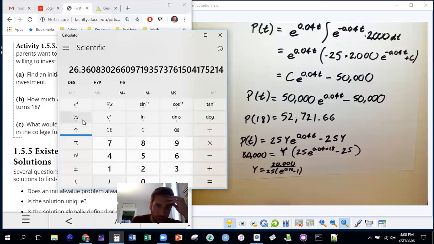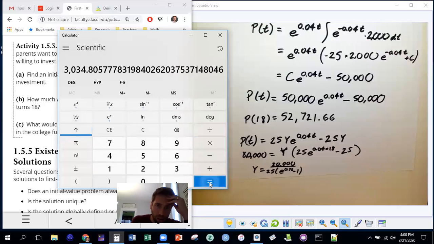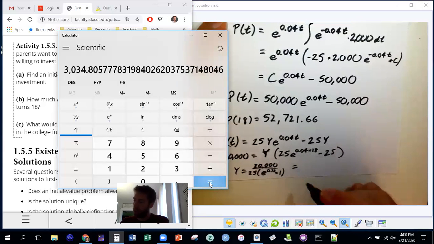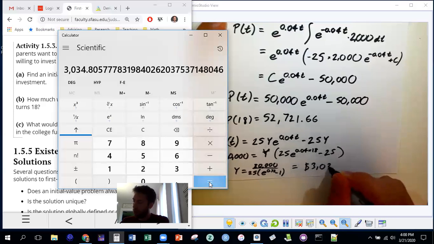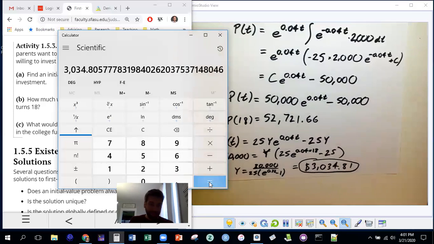Now I want to take 1 over that, times 80,000, is that. So contributing $3,034 and round up 81 cents. So Y equals $3,034.81. There you go. That completes activity 1.5.3.